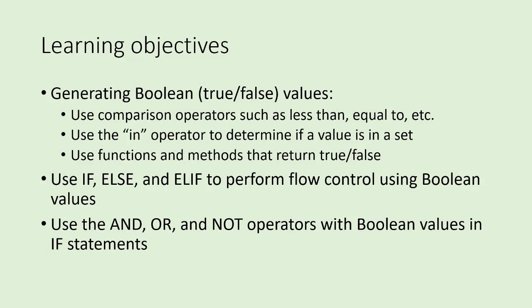So you're also going to learn how to use if, else, and elif, which is short for else if, to perform flow control using those Boolean values. And then we're going to learn some Boolean operators like and, or, and not, which can be used with Boolean values. Not switches true to false, and and or are for when you have two different expressions and you want to do something with both of them together.